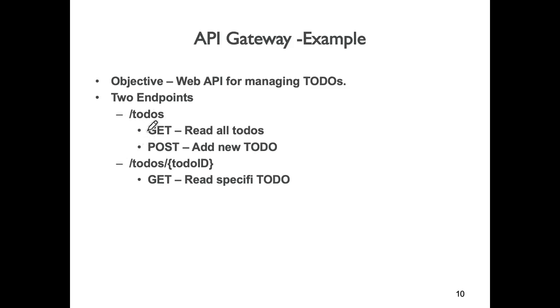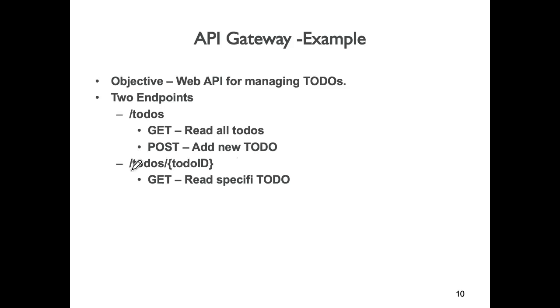If it's a GET request, then essentially our client wants to get all of the to-dos stored in our database. Let's assume it's a database. A POST request to this endpoint is the equivalent of wanting to add a new to-do to your database.